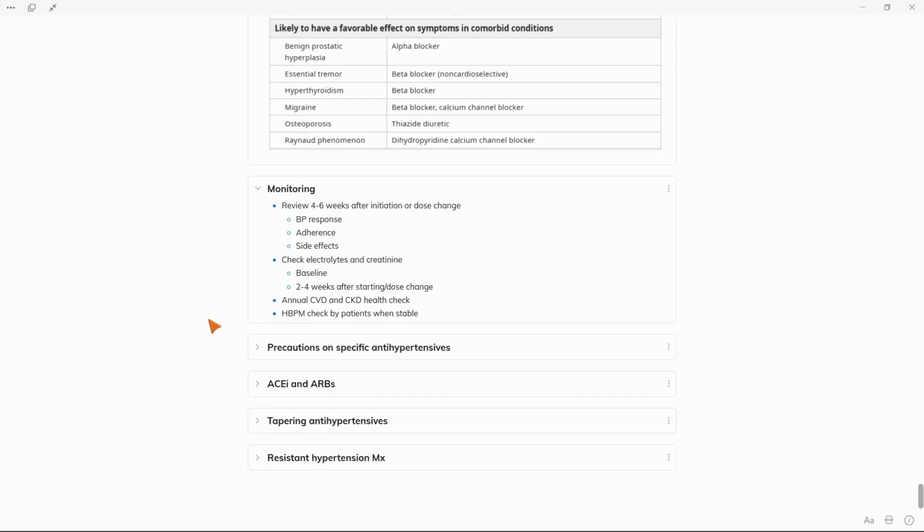That's because we want to pick up any AKI, any hyperkalemia or hypokalemia, and their creatinine. We also do an annual CVD and CKD health check, so checking other risk factors for cardiovascular disease, like lipids, blood sugar. And we also do a CKD health check with checking their blood pressure and urine ACR and eGFR. We also ask the patient to check their blood pressure at home if they are able to do so.